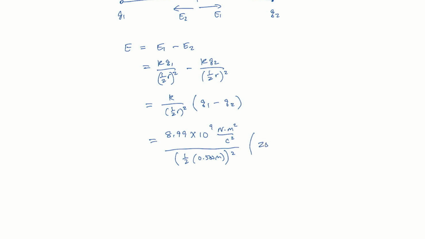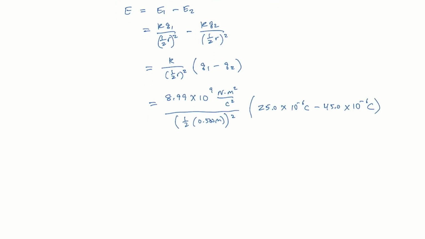Then we've got the 25.0 microcoulombs. Micro is times 10 to the minus 6. We need to subtract 45.0 times 10 to the minus 6 coulombs. I did that calculation and got minus 2.88 times 10 to the 6 newtons per coulomb.